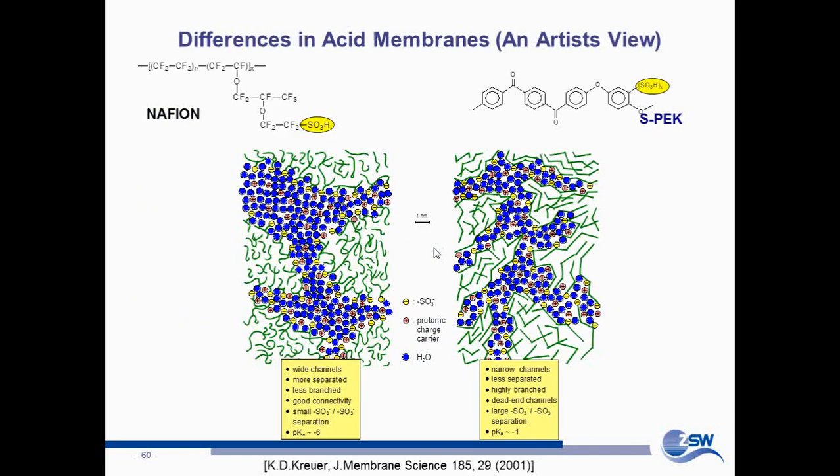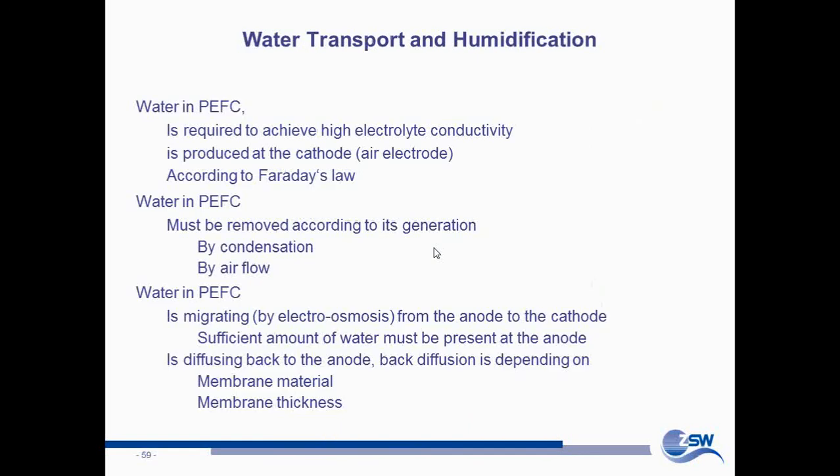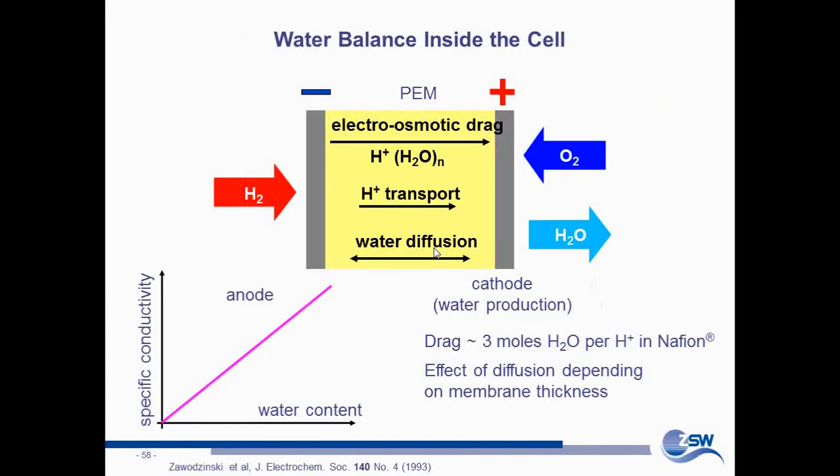Sorry. Yeah. Two questions about the slide before that. Is it so that the hydrogen should always be humidified or not, according to this slide? Well, not necessarily. As I said, there is traffic back and forth. There is a driving force for water to diffuse to the anode side.